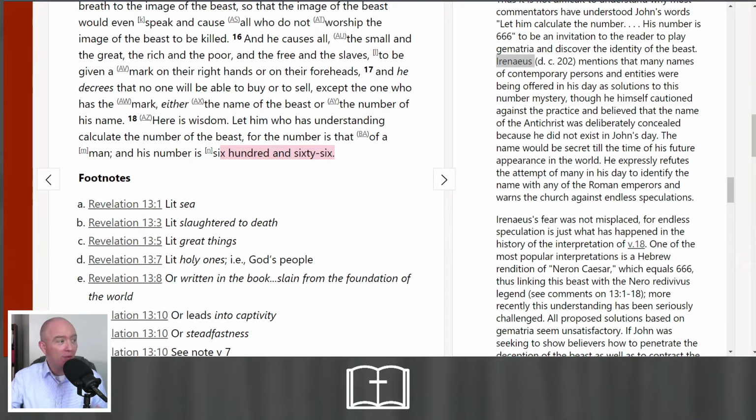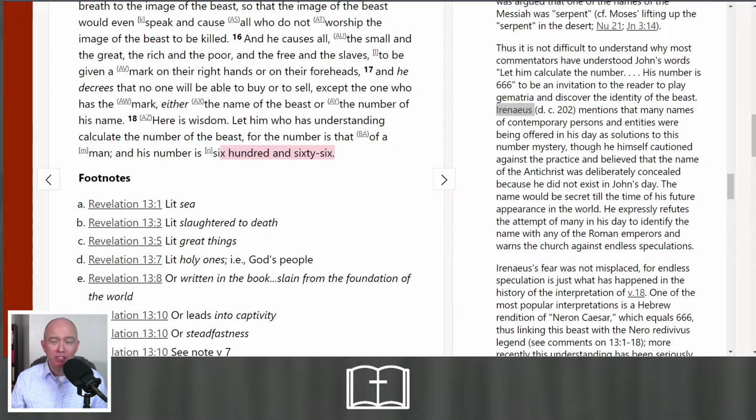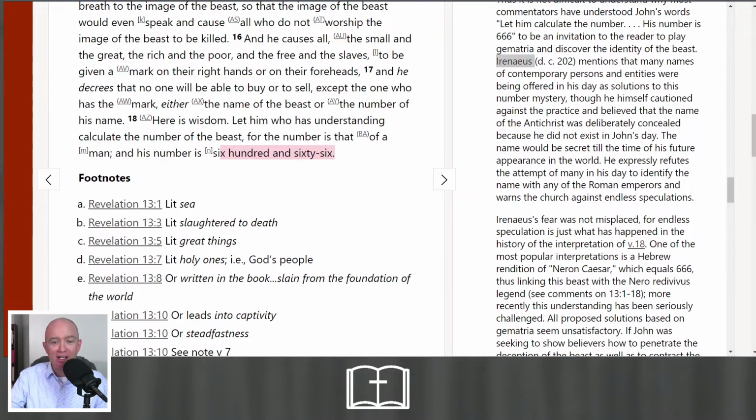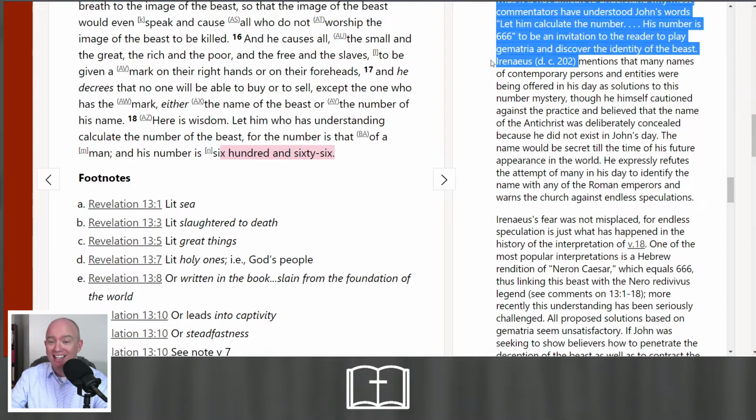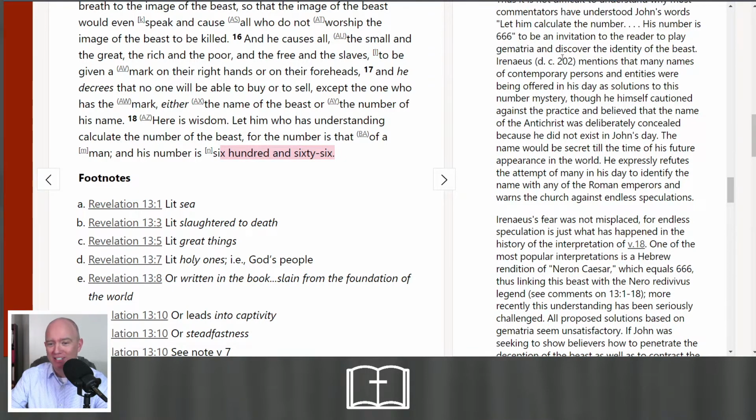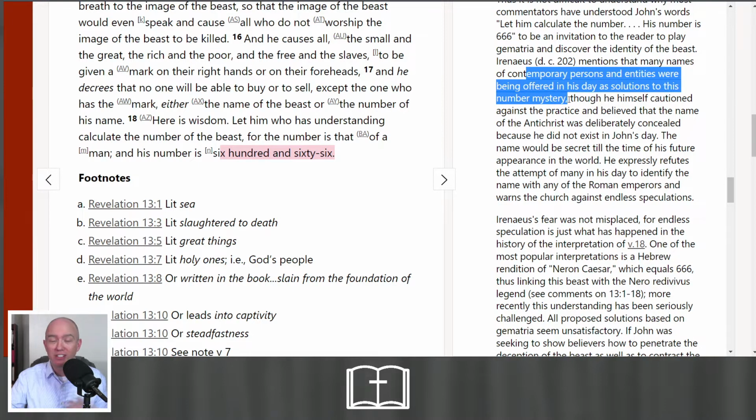And here's something where commentaries can be really helpful. They can sometimes look at sources that we may not have available to us. And so in this commentary, they reference Irenaeus. He wrote a long time ago, look at this, in 202, and he mentions the names of many people who were being offered as solutions for this number mystery.